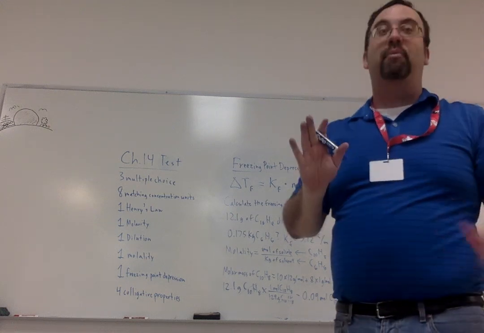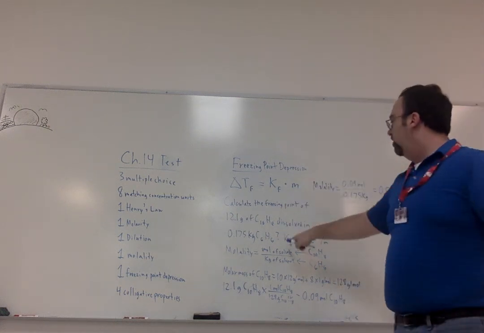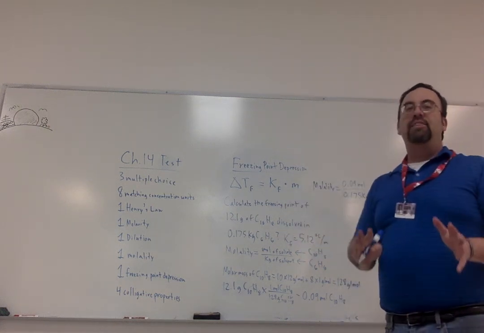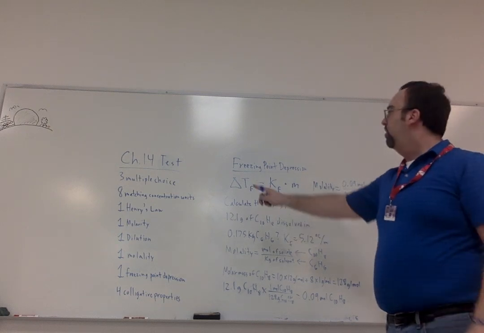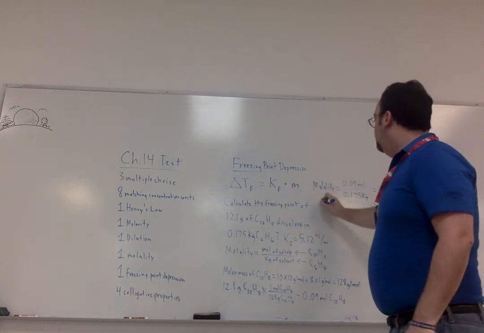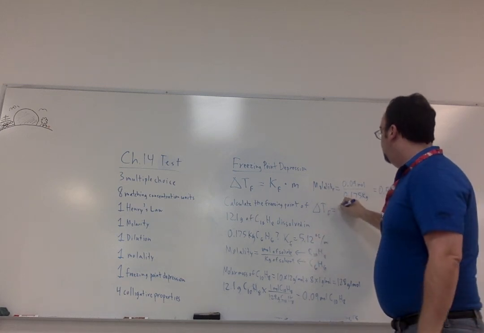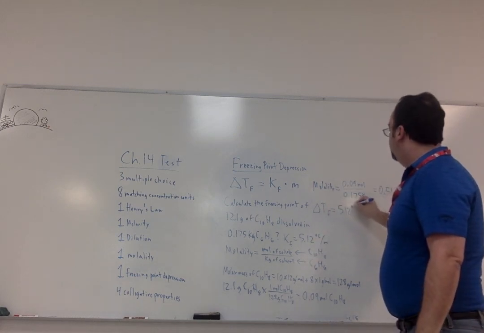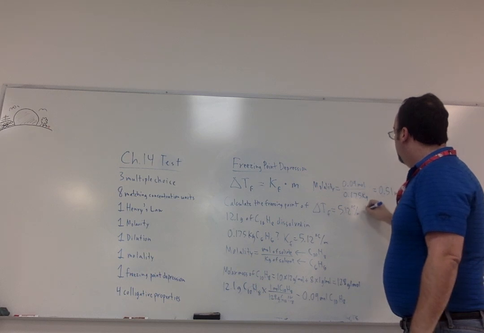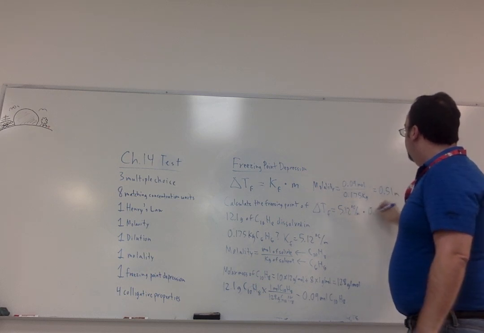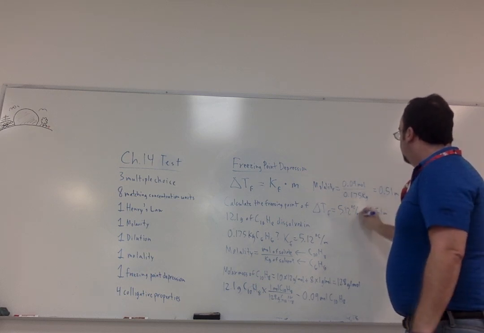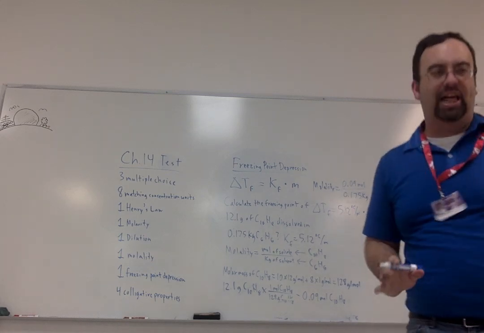Finally, now that we have the molality, we have our constant we're provided from the book. To find the change in temperature, we use this equation. Delta T sub F is now going to be equal to this 5.12 degrees C per molal. We're going to multiply this by 0.51 molal. You'll see that the molalities cancel out.